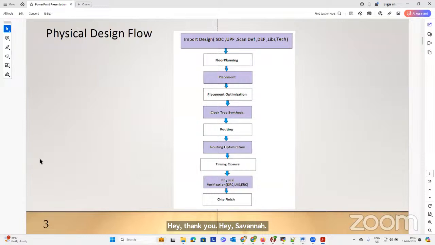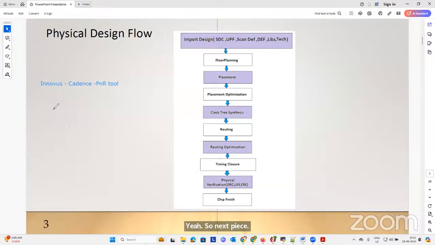So in physical design, these are the input files which we are going to give to the floor plan tool. If it is from Cadence, we are going to use Innovus. So next is the input files.